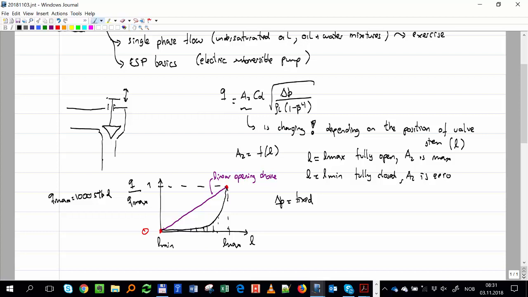And I have another type of choke, which is actually the opposite. It's like that. So let's put it in a different color.